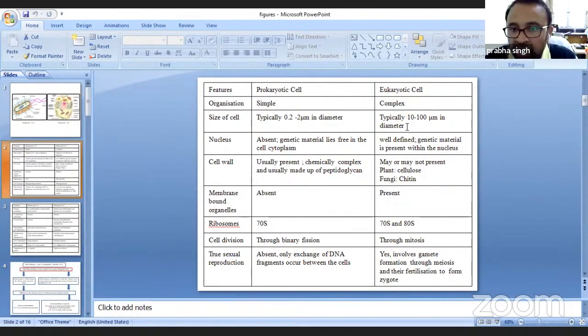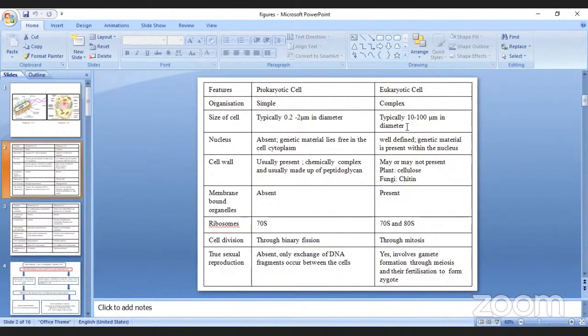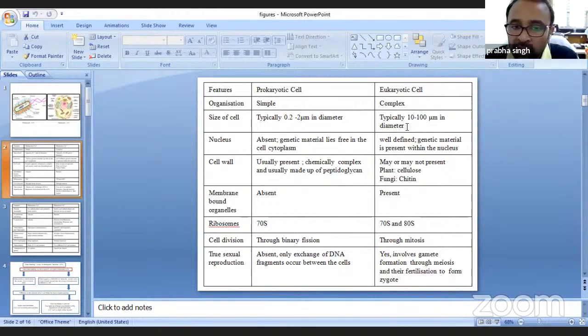Like prophase is there, metaphase is there, anaphase is there, telophase is there. So these four phases are there in the mitosis, which allow the chromosome as well as the cell cytoplasm to divide into two daughter cells. While in the case of prokaryotic cell, such mechanism is absent.